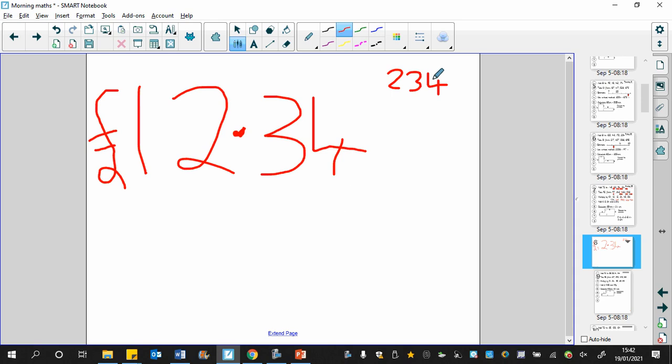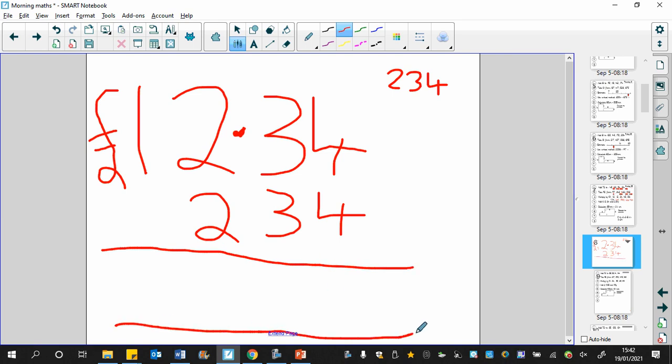If you're not sure, then just start with the ones column. So this means 4 pence, so that's going to go in the pence column. 3, that's 3 lots of 10, so that's going to go in the 10 pence column. And then the 200, well, 200 pence is £2, so that goes in the pounds column like that.